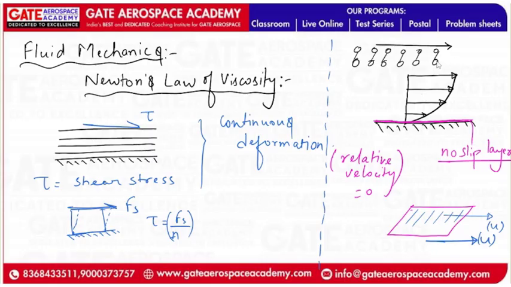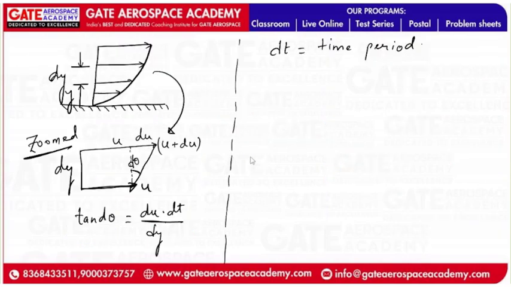So the velocity of this layer will automatically be less than this layer. So let's say this is u, this is v, so v will be greater than u. Hence there is a decrement in the velocity of the layers. Okay, so this is the time period in which this change is taking place, right?